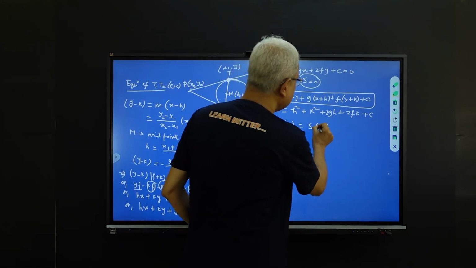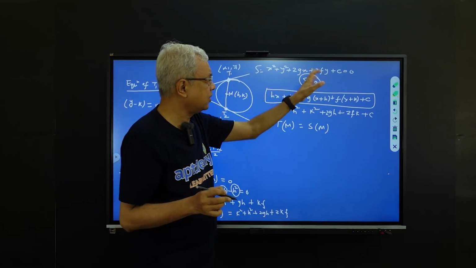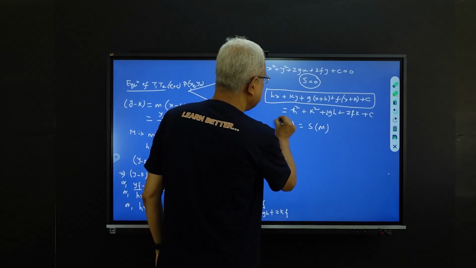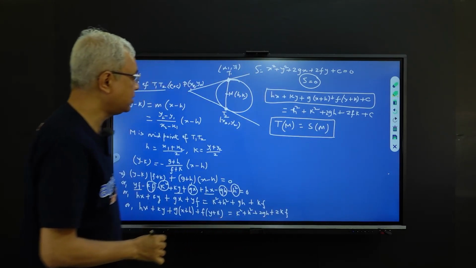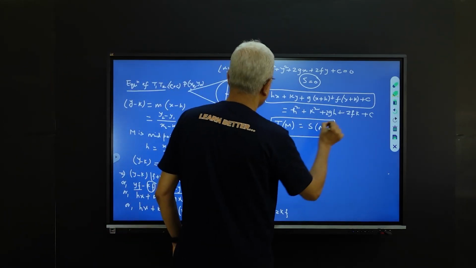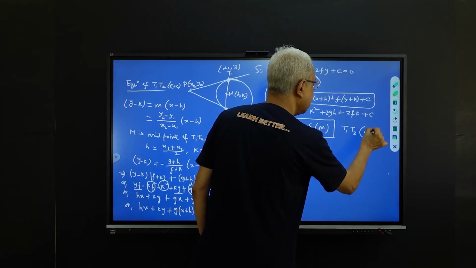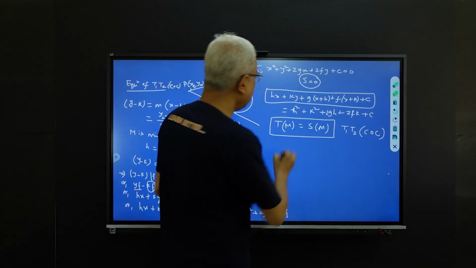So Sm is the left hand side of the equation of the circle at point M. So Tm is equal to Sm is the equation of the COC, which is T1, T2 or COC, chord of contact.